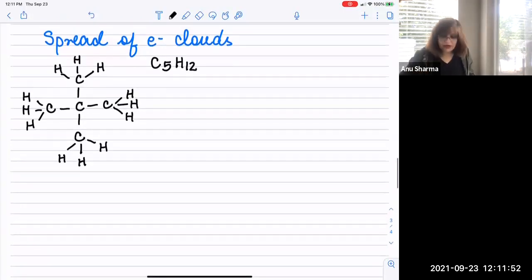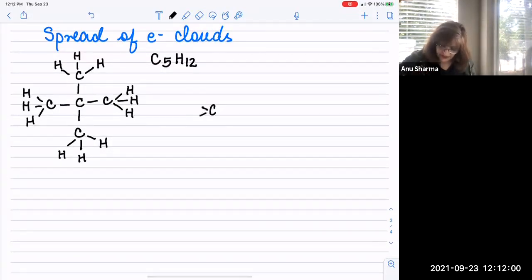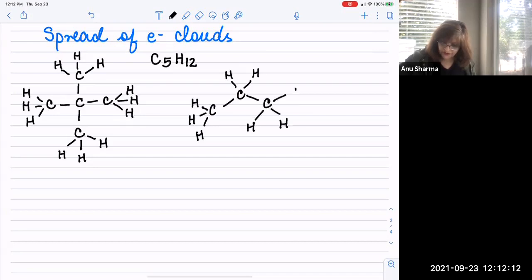Can this molecule have the arrangement of carbon and hydrogen bonds like this, or it can be like this, CH3, CH2, CH2, CH2, and CH3.